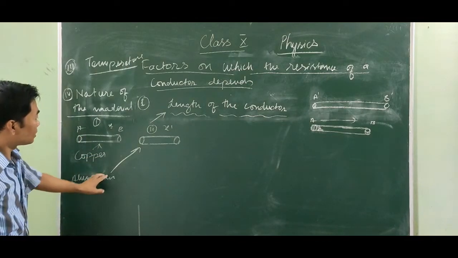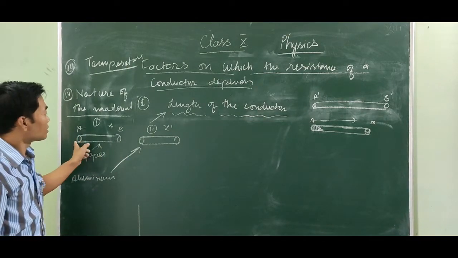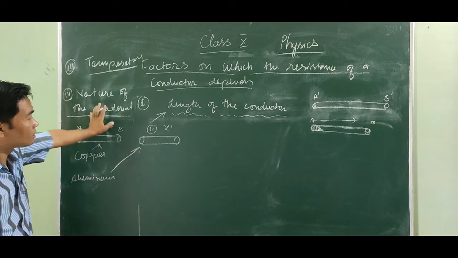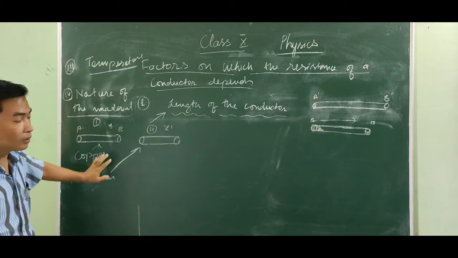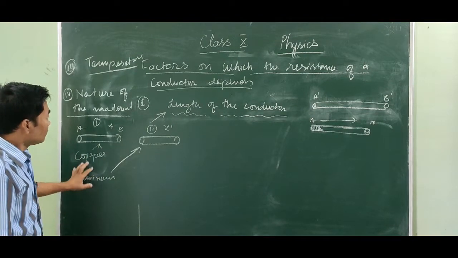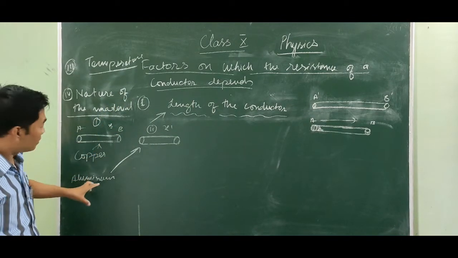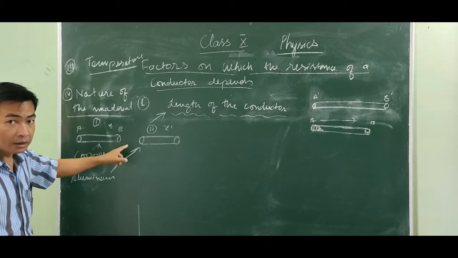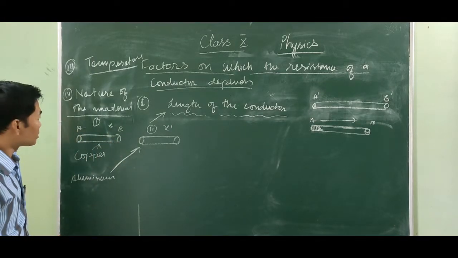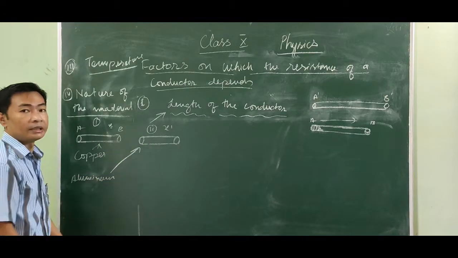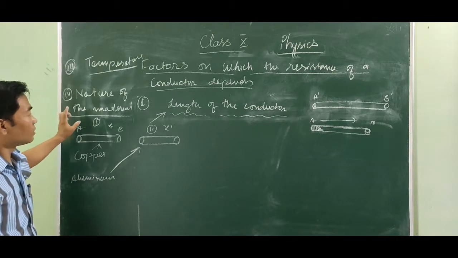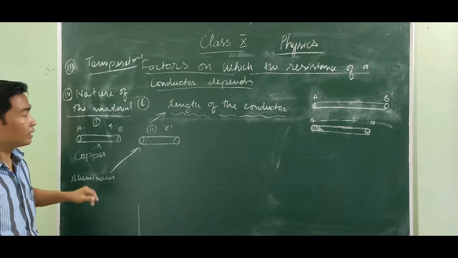So the aluminum conductor and the copper conductor have the same length, same area of cross section, and same temperature. Let's say all three configurations are equal. But even though all three configurations are the same, the resistance of these two conductors will be different because they are made of different materials. So the resistance of a conductor depends on the nature of the material also.